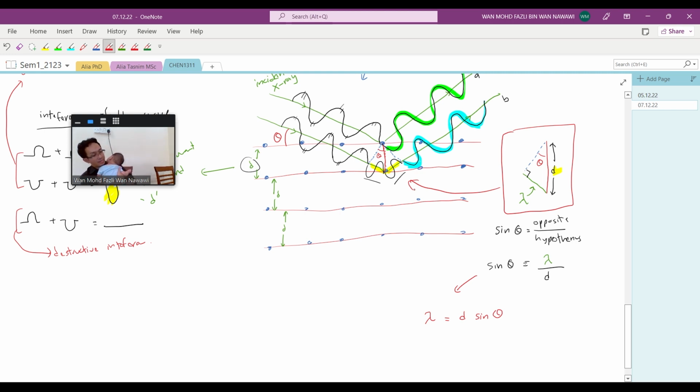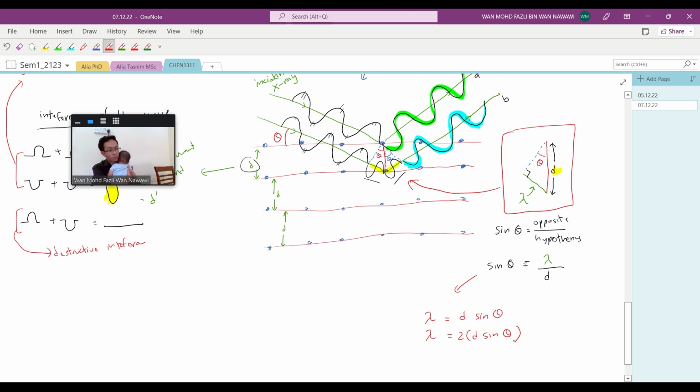So you are basically doing it twice, because remember there is one theta here, and there is also another theta here, so you are duplicating. So that's why you get lambda equals 2D sin theta. So you get something like this.